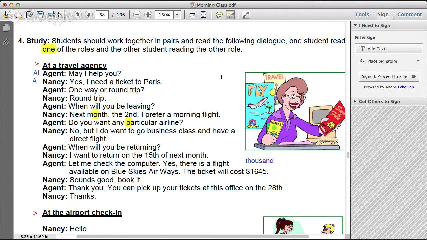I want to return on the 15th of next month. Let me check the computer. Yes, there is a flight available on Blue Skies Airways. The ticket will cost $1,645. Sounds good. Book it. Thank you. You can pick up your ticket at the office on the 28th. Thanks.